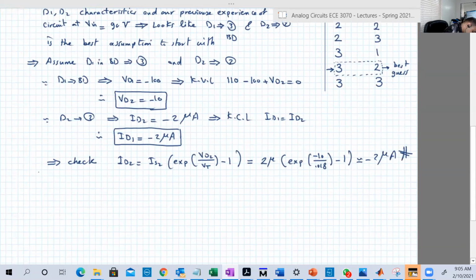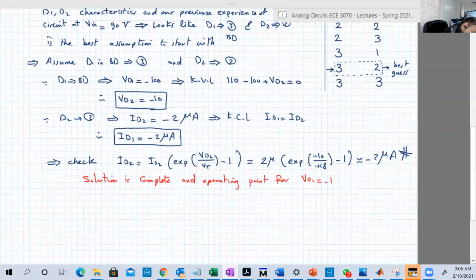So the solution here is complete, and the operating point is: VD1 is equal to minus 100 volt, ID1 minus 2 microampere, VD2 is minus 10, ID2 minus 2 microamperes.